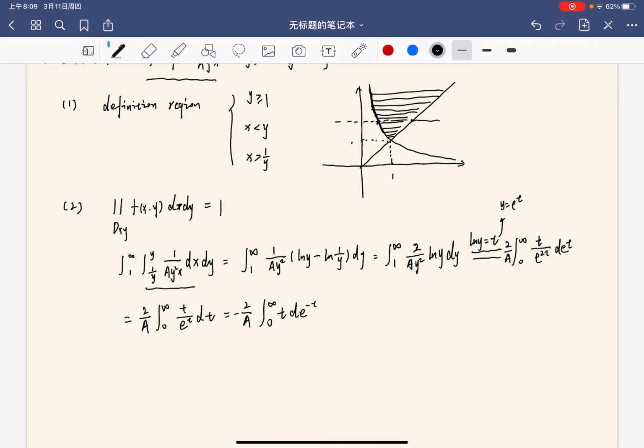and we can then use the integration by parts to calculate this part, which equals 2 divided by a.